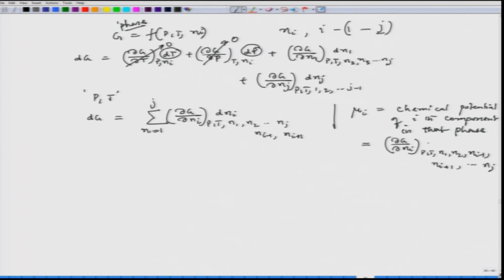And this of course is an intensive property, because it does not depend on the size of the system.